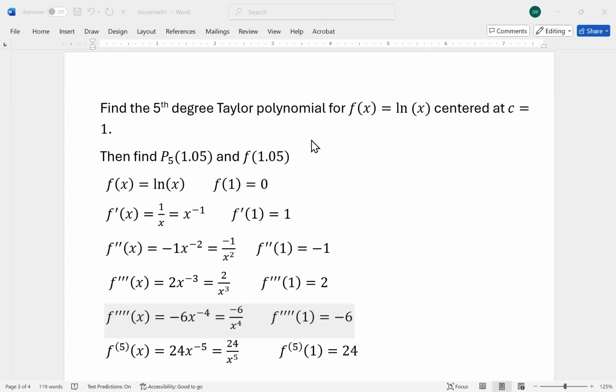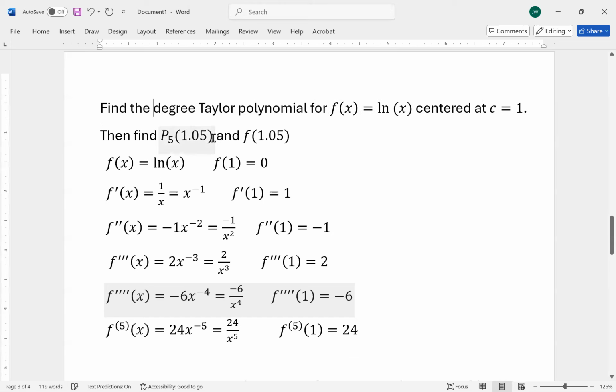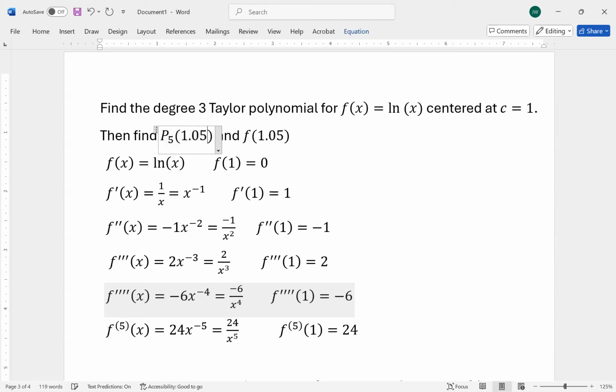Now, I always like to not reinvent anything. So if I want to find the degree 3 Taylor polynomial and then find p sub 3 at 1.05, notice that all of the work that I previously have done to find the degree 5 Taylor polynomial would be good.